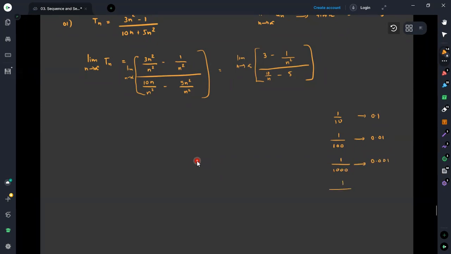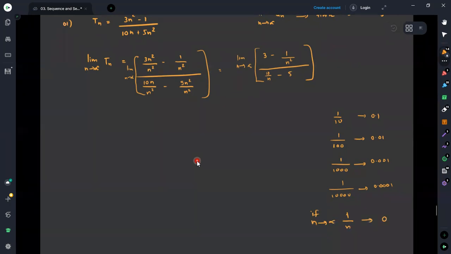you get 0.001, and if it is 10,000, you get even smaller. Now you can see that the values are becoming smaller as well as getting much closer to zero. Therefore, if n goes to infinity, 1 over n becomes 0.